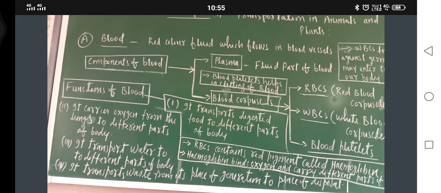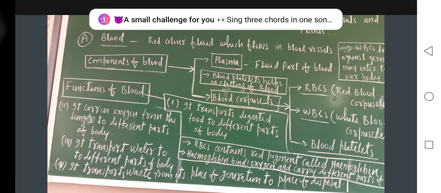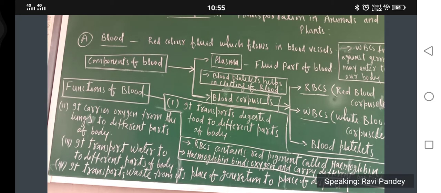Fourth function is it transports waste. In our body, waste is also generated or not. So it transports waste from its place of generation to place of disposal. Different cells generate different kinds of waste, and those wastes are transported from their place of generation to place of disposal.